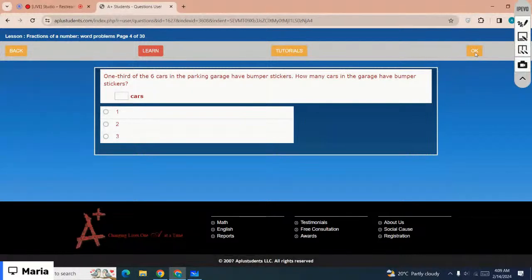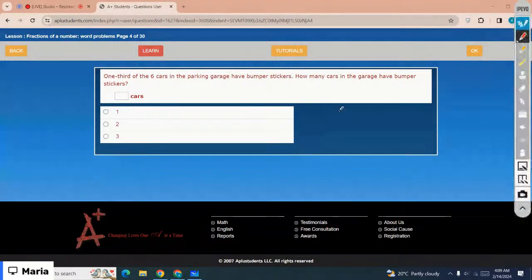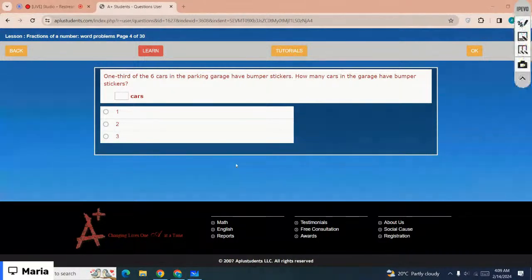You need to calculate one third of 6. So that means you need to do 1 by 3 times 6. And 6 divided by 3 is 2. That means 2 of the cars have bumper stickers. The correct option is 2.